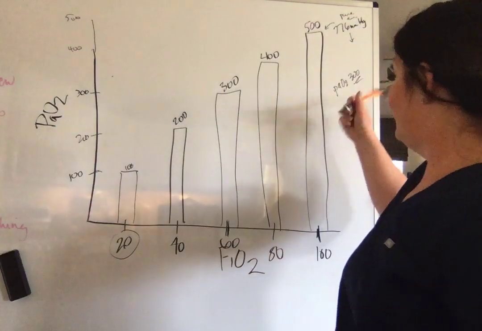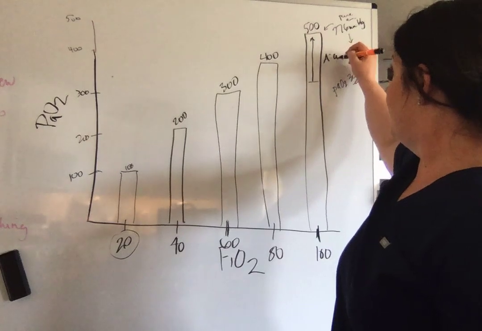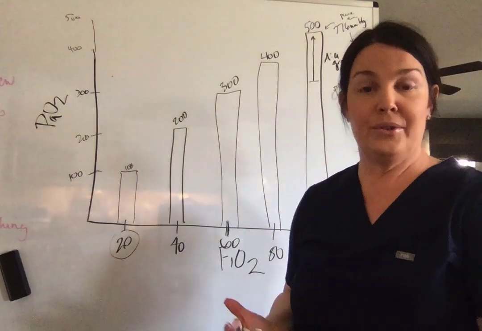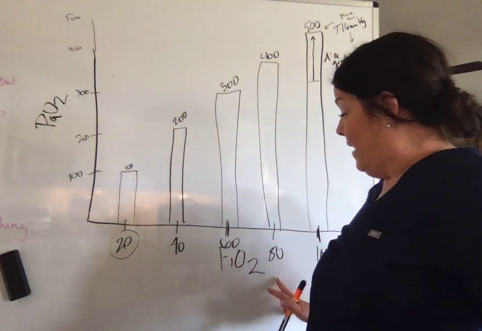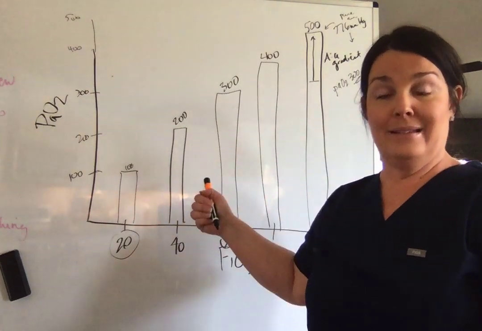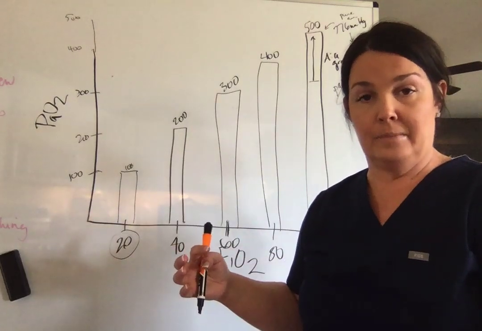Their oxygen level isn't high, though, because it should be 500. This differential here is your AA gradient. That tells you how sick they are. So for any level of oxygen that they're on, you can figure out what their PaO2 should be and what it actually is, and that gives you an indication of how sick they are.